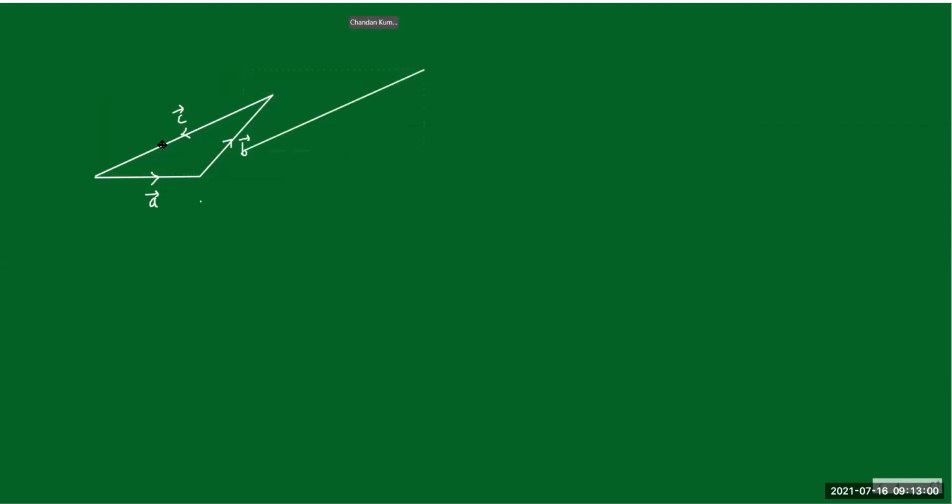Pay attention to what I'm doing here. I'll change the arrow of the C vector and name it minus C, because we know that C and minus C are opposite of each other. So if this is called C vector, I can call this minus C vector. I hope there is no problem.